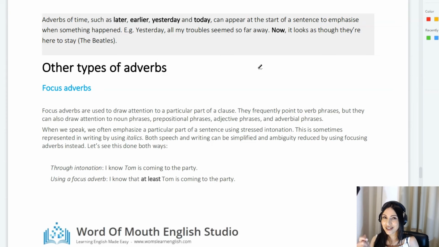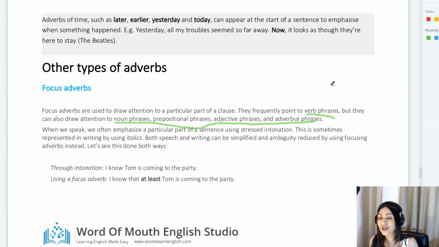Let's just take a sneak peek at what they are, okay, just to give you a glimpse into how to use other adverbs, such as perhaps focus adverbs. Focus adverbs draw attention to a particular part of your clause, and they point to a verb phrase, but they also draw attention to noun phrases or prepositions or adjectives and adverbial phrases.